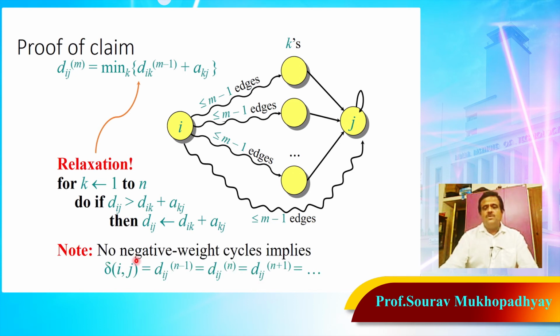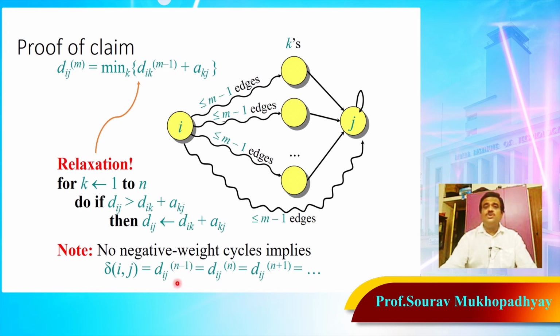If there is no negative weight cycle, then Dij n minus 1 is basically our delta ij, because that is what we have already seen in the last slide. There will be no negative cycle, which means if there is at all a cycle, it will be positive, so we will not hop there. Every shortest path is a simple path, so we will go from i to j with a simple path.